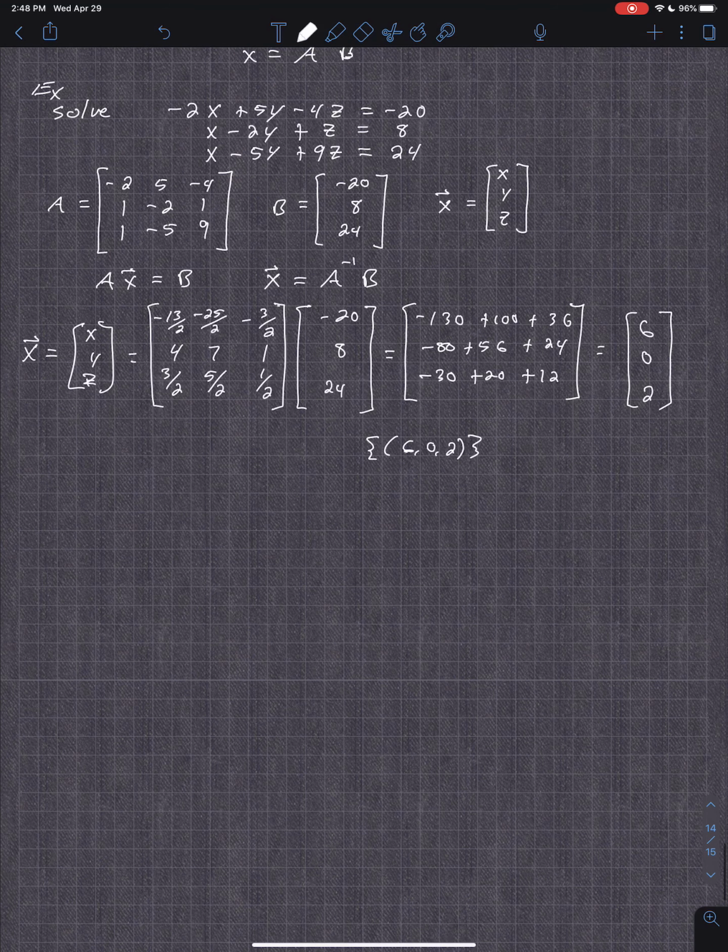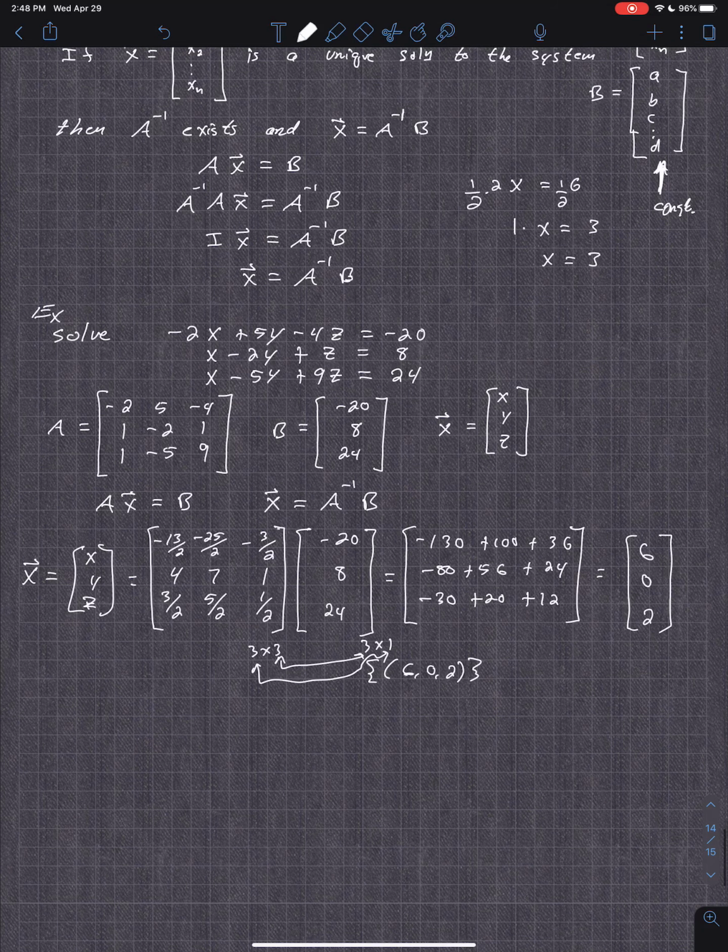A couple of things I put in here to show you. This is a 3 by 3 multiplied by a 3 by 1. Insides match, so the outside is the result, a 3 by 1. So practice a few of those.